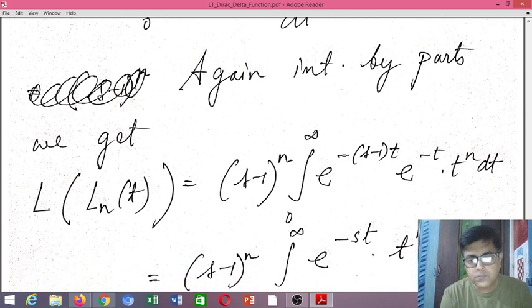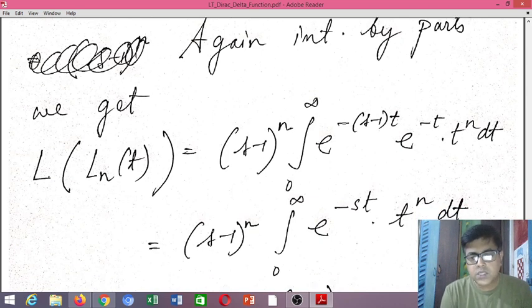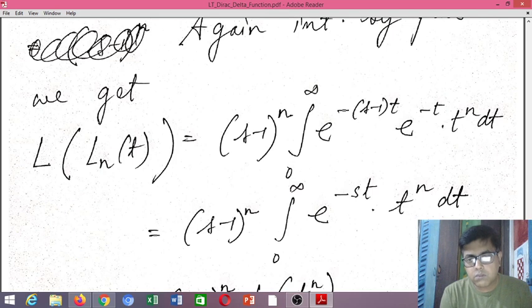So you are getting s minus 1 to the power n into the integral 0 to infinity e to the power minus (s minus 1)t into e to the power minus t into t to the power n dt. Now you see e to the power plus t into e to the power minus t means e to the power 0, which is 1.